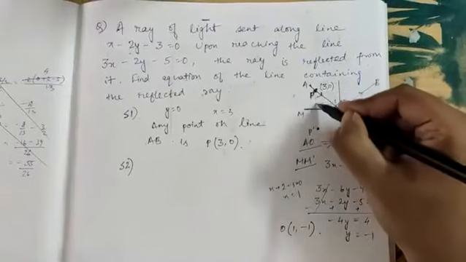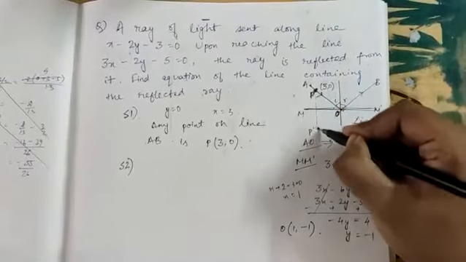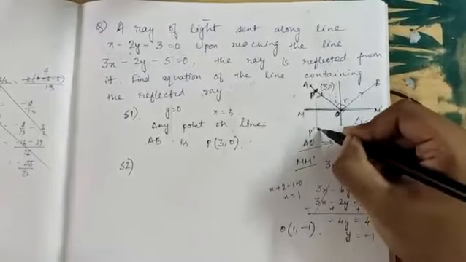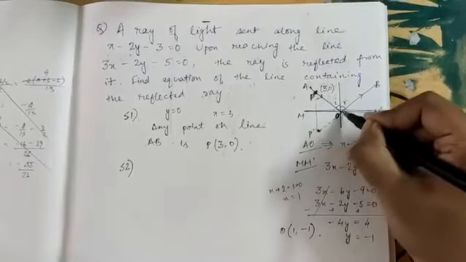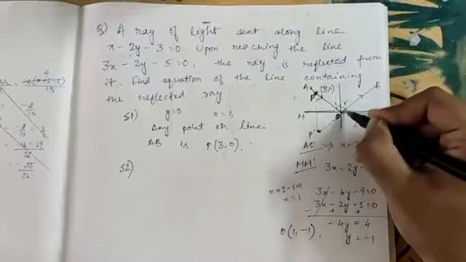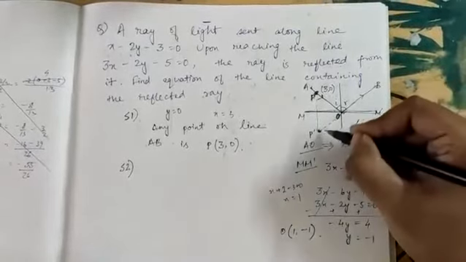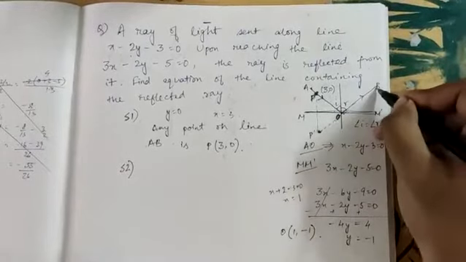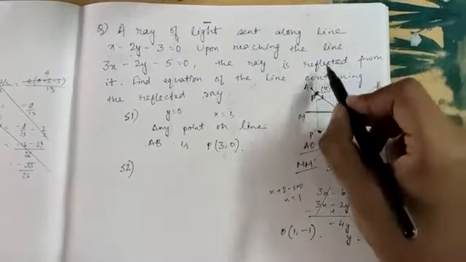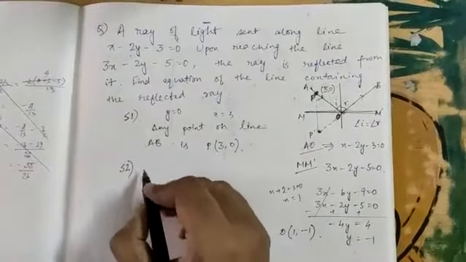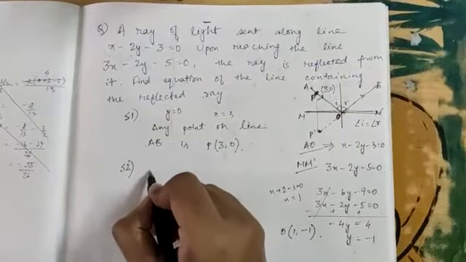That is the image point. And if we join the image to O, then it will pass through the same reflected ray, that is P dashed B will have the same equation as OB, which is the required reflected ray.